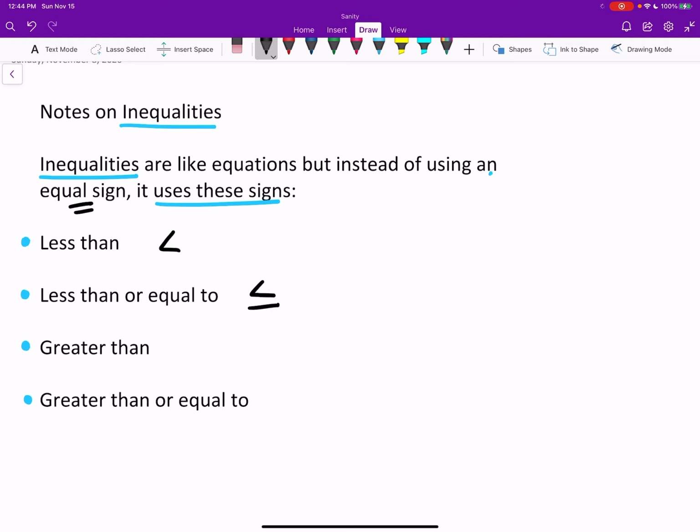If I have that little line underneath my less than sign, then that means your solution could also be equal to whatever that number is. On the other hand, we have greater than, and we have greater than or equal to. So if we have x greater than or equal to 3, x could be equal to 3. X could be equal to 4, since 4 is greater than 3.